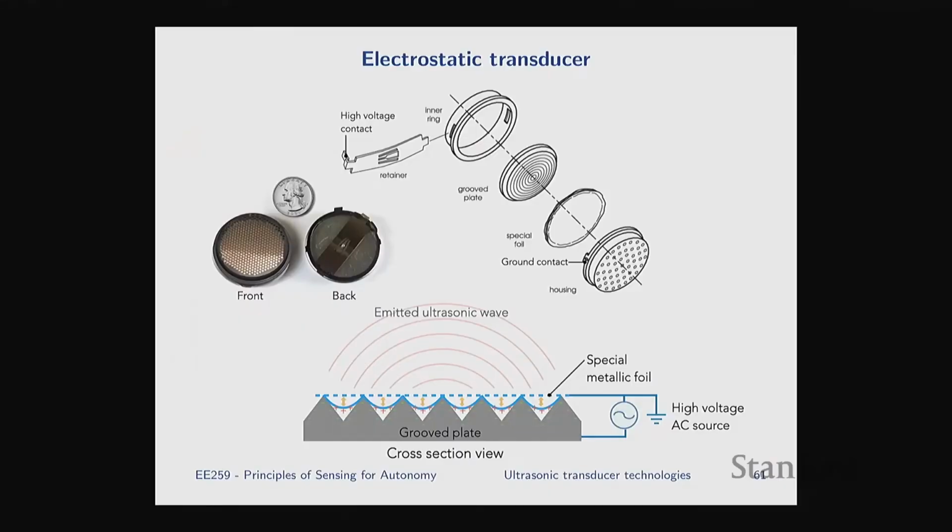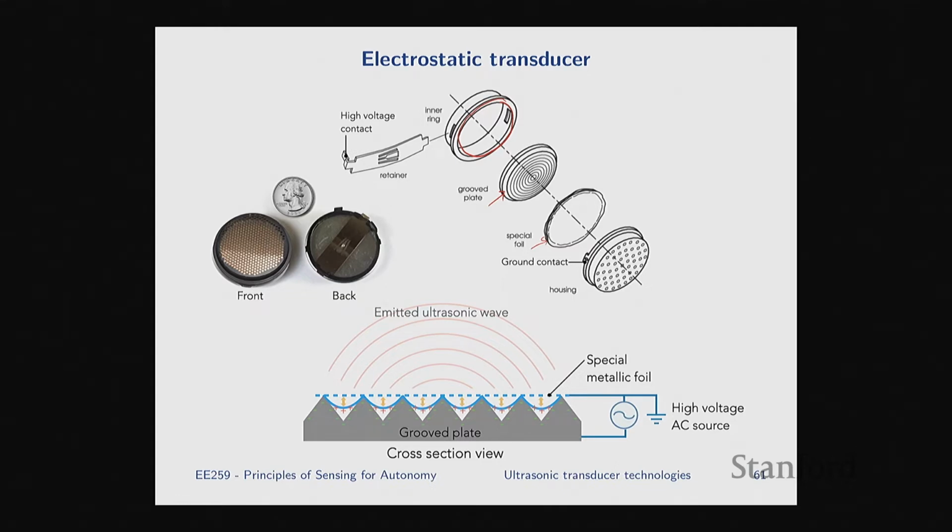Let's look at some pictures so you get a better idea of what these look like. Here's an electrostatic transducer, with extremely simple construction. There's basically a ring, which is just for structural purposes, so you can mount different pieces to it. But the key piece is a grooved metallic plate, with a very thin foil on top of it.